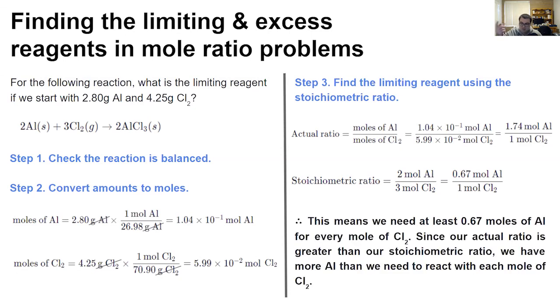Now, this tells us that we have much more aluminium present than we have chlorine, which, because that is greater than our stoichiometric ratio, means we have more than enough aluminium to react with each mole of chlorine that is present. Therefore, chlorine is our limiting reagent.